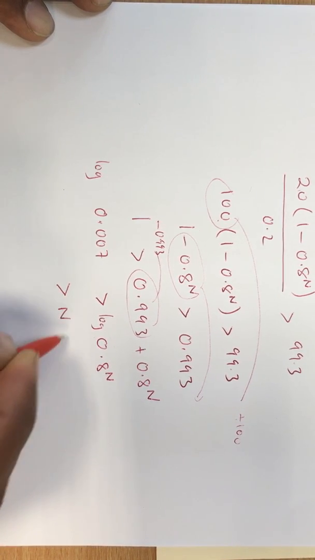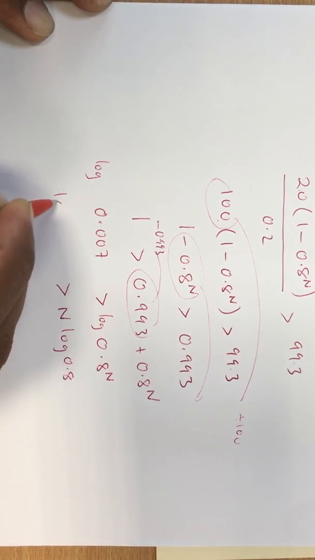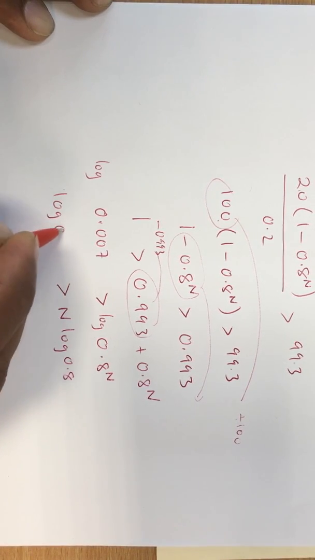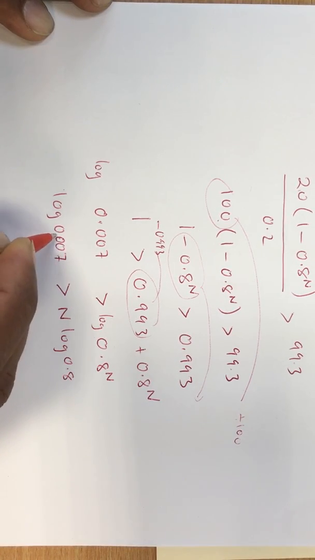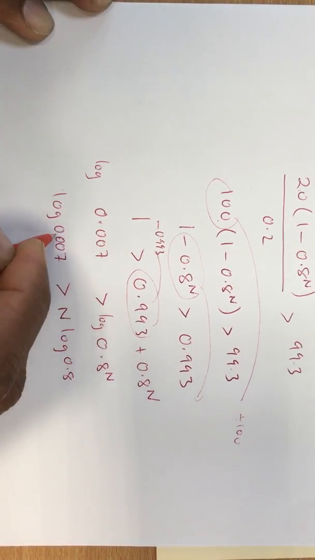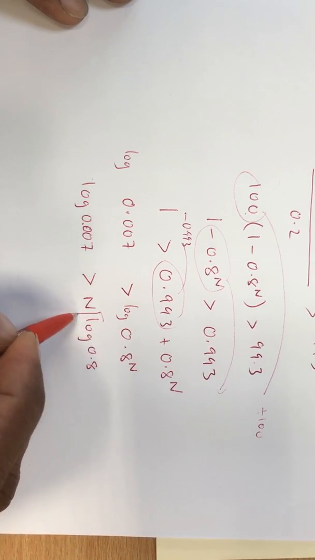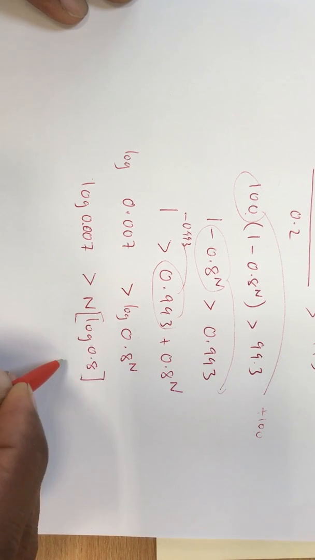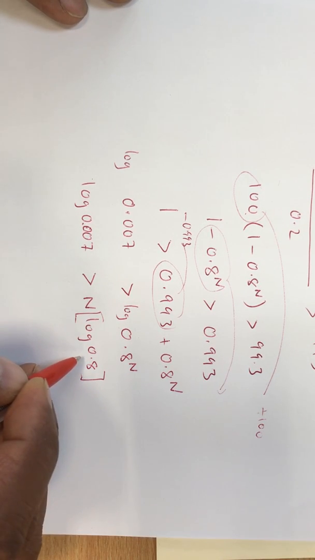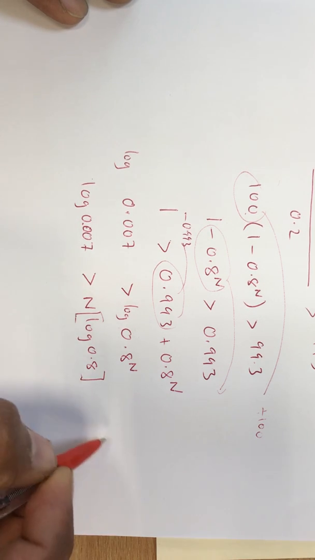So I'll get n log 0.8. On this side I've got log 0.007. Okay, now I want to take this to the other side. Now before I take this to the other side, I also should know that log of 1 is 0, but any log of a number less than 1 is negative.